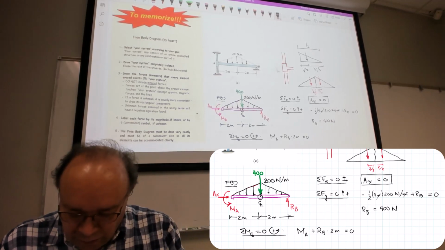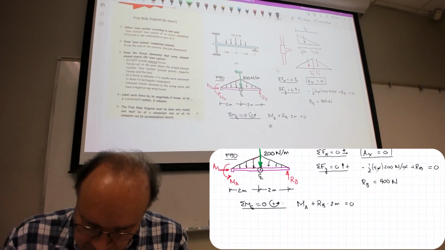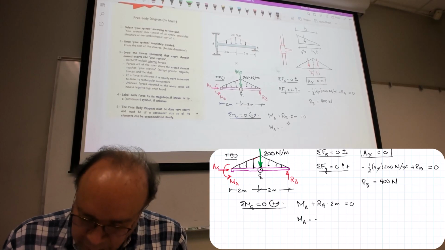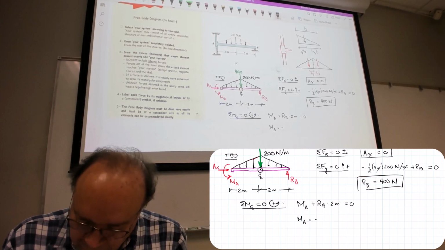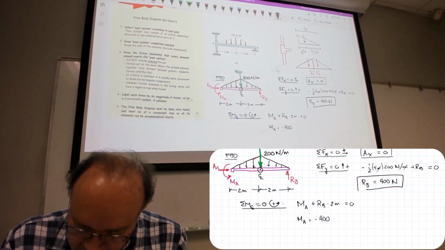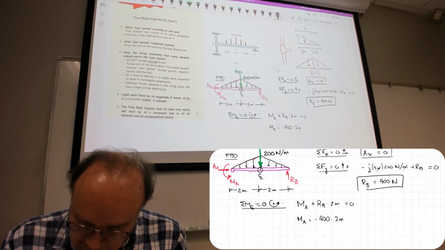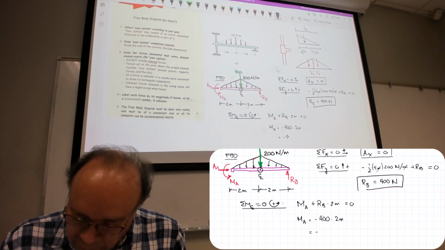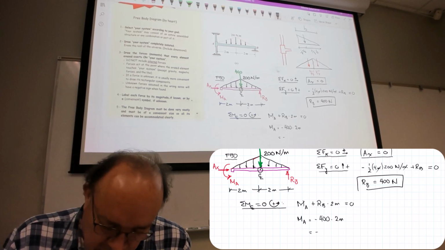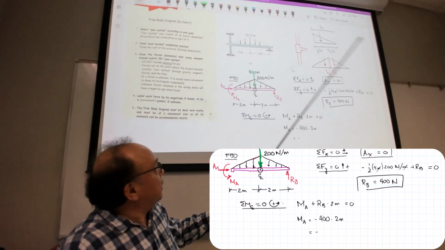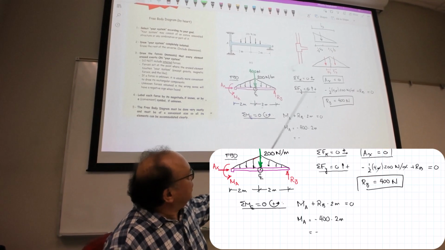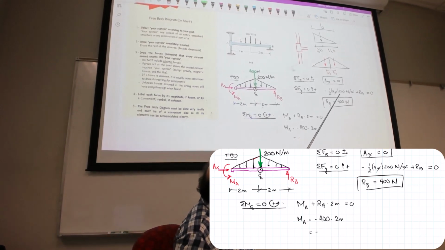So from here we can solve for MA, because then MA will be equal to minus RB. We already have it here, 400 times 2 meters. So MA will be equal to minus 400 newtons, right? This 400 is newtons. It is 4 meters times 200 newton meter.